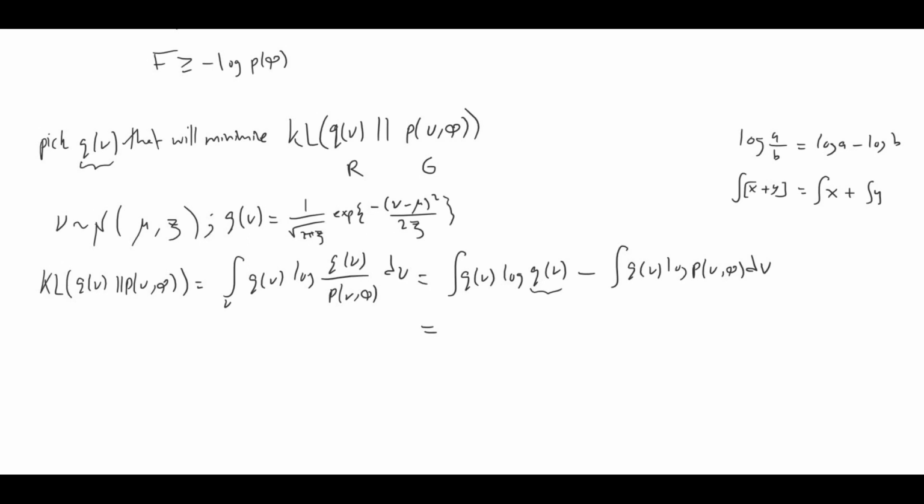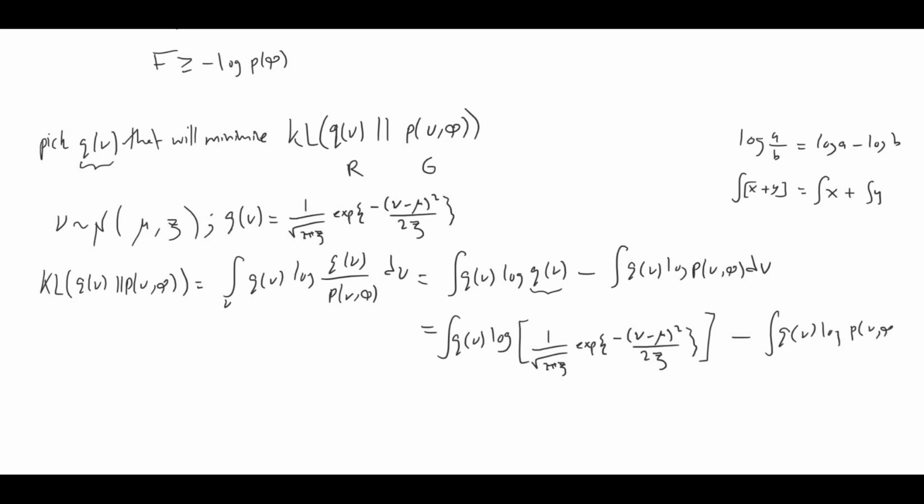This is just the probability density function of a normally distributed variable. You can grab this expression from Wikipedia. We're going to plug this in where the log is, so it's Q log of this expression, minus the integral of Q log the joint, which we haven't touched yet.